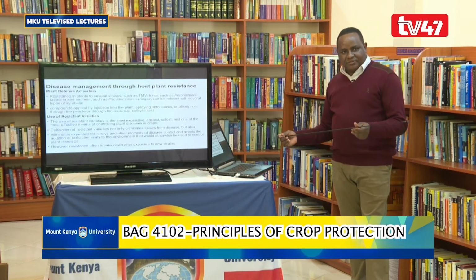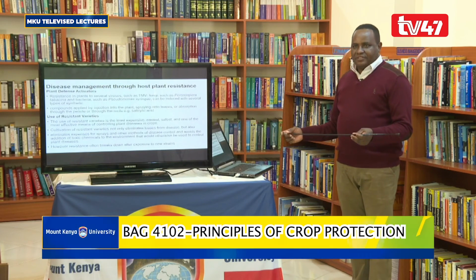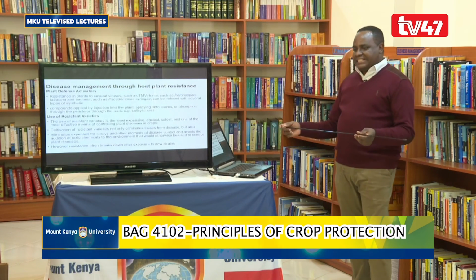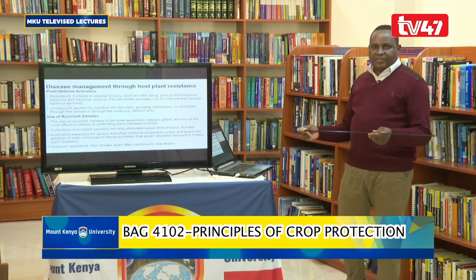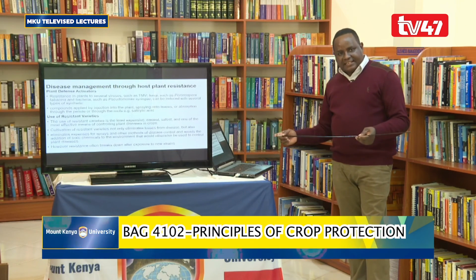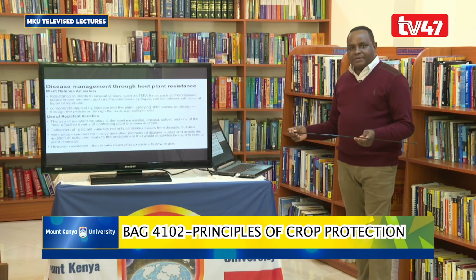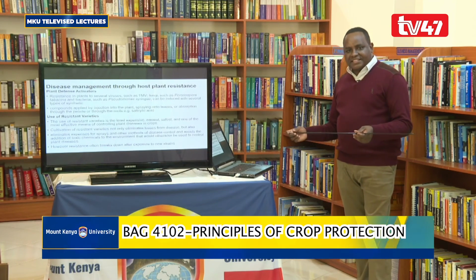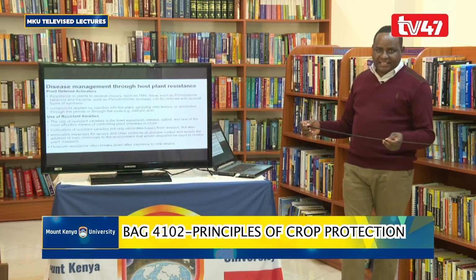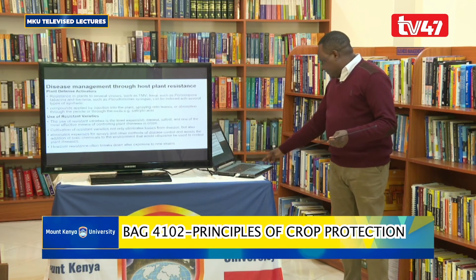One of the examples we have is BT cotton now in Kenya, which is being bred to resist the bollworm, one of the biggest pests of cotton, and it has been allowed now to be grown by farmers. I think it is at the stage of seed bulking and multiplication before farmers can produce it.